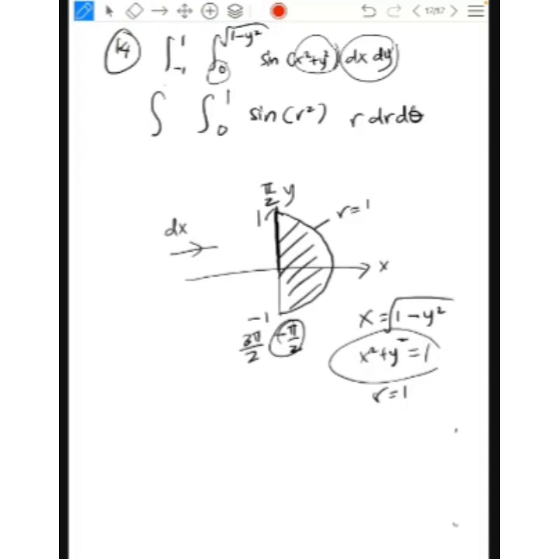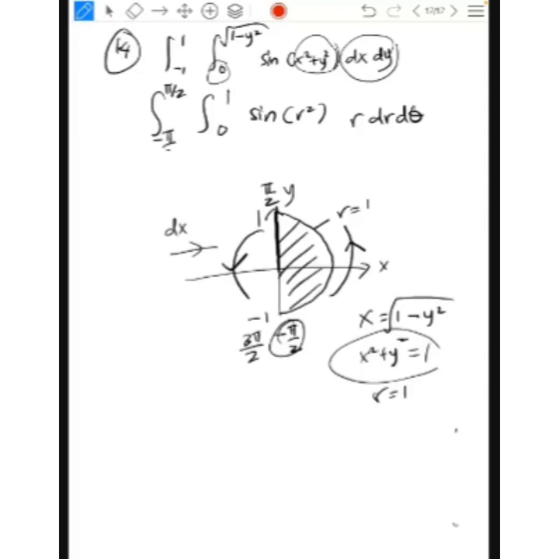Okay, the upper limit is already pi over 2, so do not take 3 pi over 2. 3 pi over 2 is when you work counterclockwise. Now your theta, your angle, must be read counterclockwise. So counterclockwise here is negative pi over 2 until pi over 2.